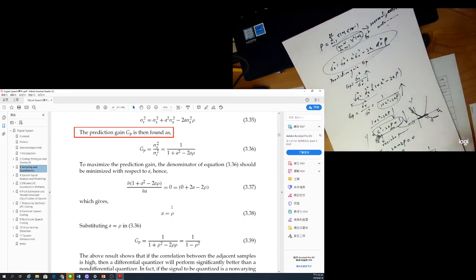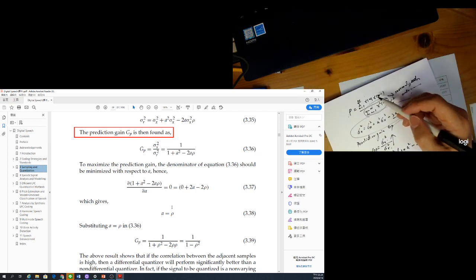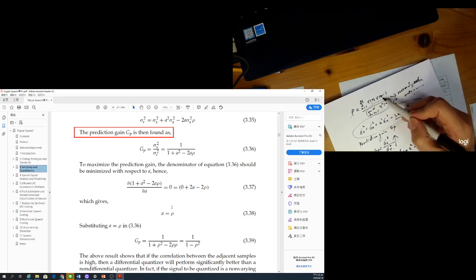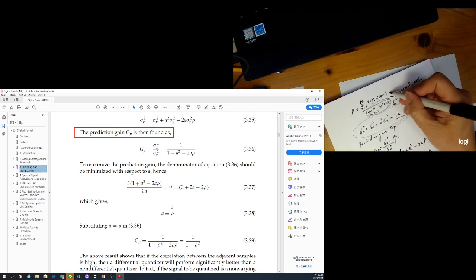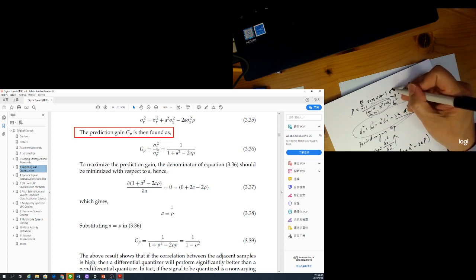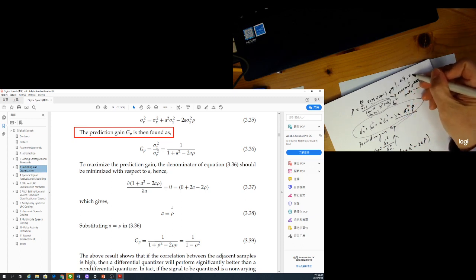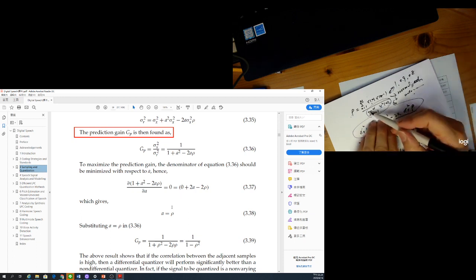With normalized autocorrelation, if your neighboring signals are the same, this could be close to 1, or close to 0.9, close to 0.8, because your neighboring signals are very close, very similar. So this one is the energy.